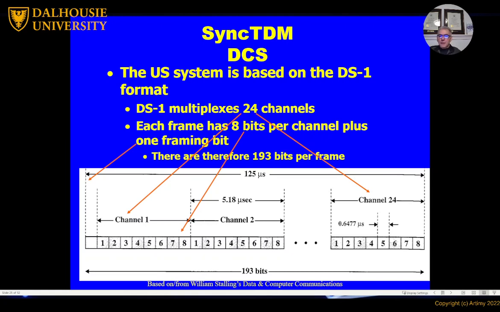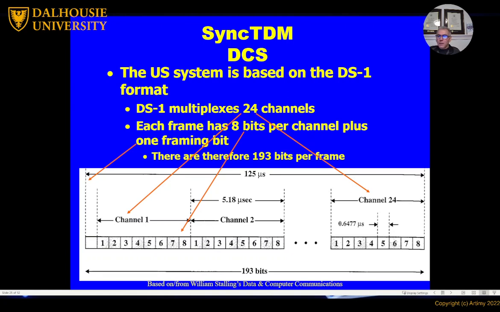If we do that and we want all the voice channels to be sent and received from the other side without any delay, without anybody noticing, all of the 24 channels, plus the framing, have to be sent exactly at 128 microseconds.